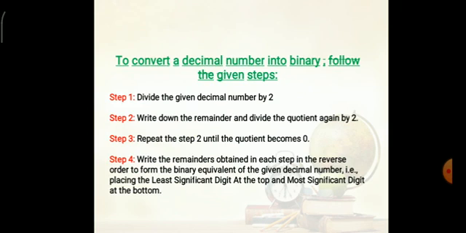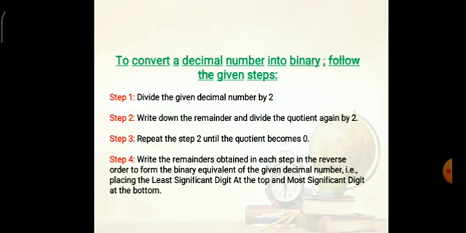Step 3. Repeat step 2 until the quotient becomes 0. Step 4. Write the remainders obtained in each step in reverse order to form the binary equivalent of the given decimal number, that is, placing the least significant digit at the top and the most significant digit at the bottom.